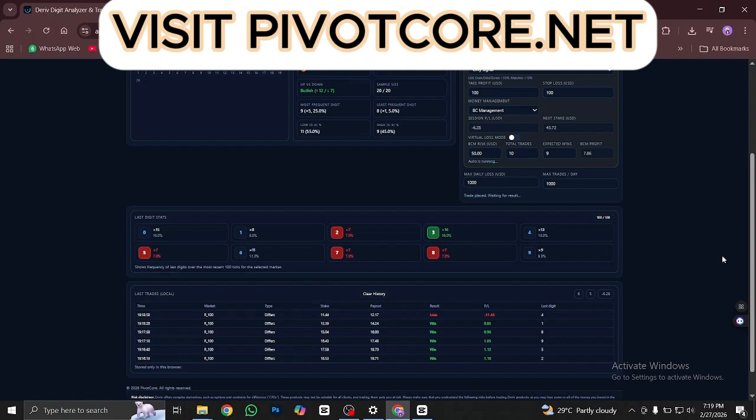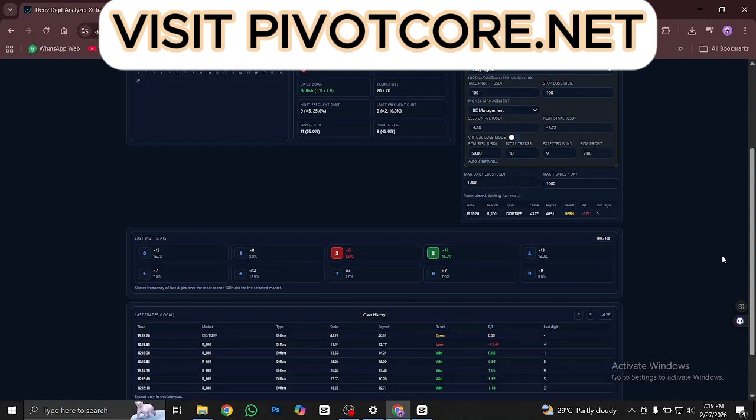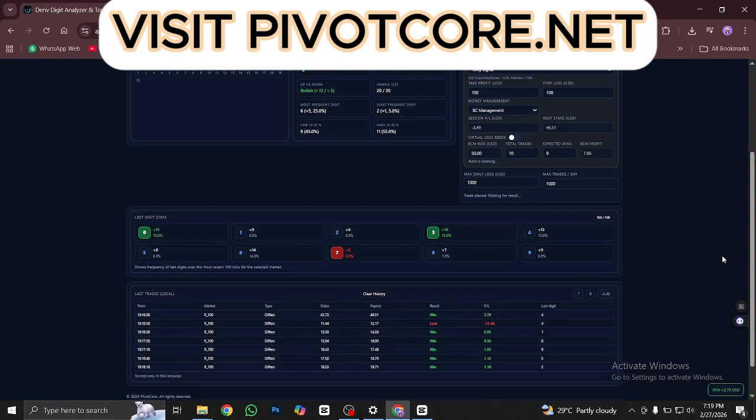In this session, we've demonstrated that with a clear plan and the right technology, hitting a 9 out of 10 win rate is not just a dream, it's a repeatable reality. This platform empowers you to treat trading like a business rather than a gamble. And there it is, 10 trades completed, and we hit our 9-win goal perfectly. The profit is in the balance, and the process was completely stress-free.